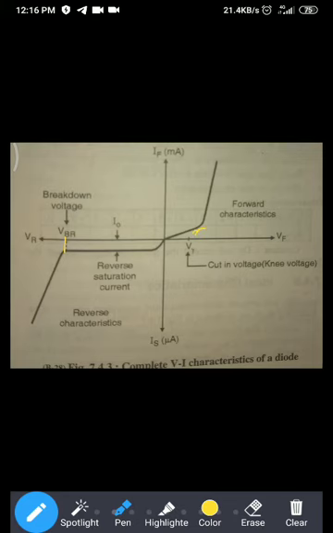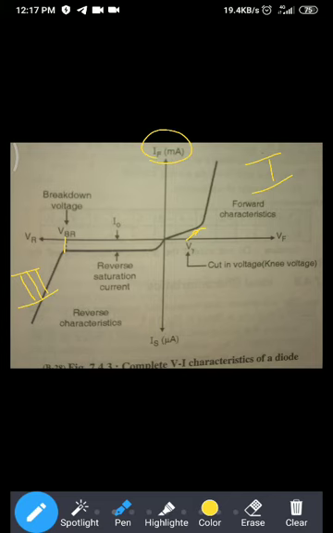Getting? So this is your first quadrant, this is your third quadrant. So this is the combined VI characteristic of a diode. For forward biasing, the voltage is VF, that is forward voltage. The current flowing is in milliampere, forward current is in milliampere.